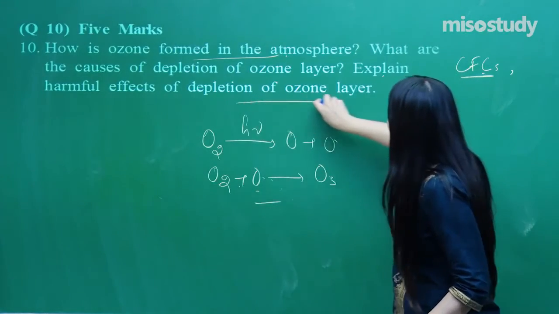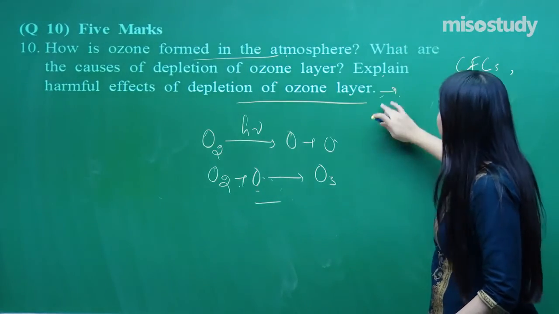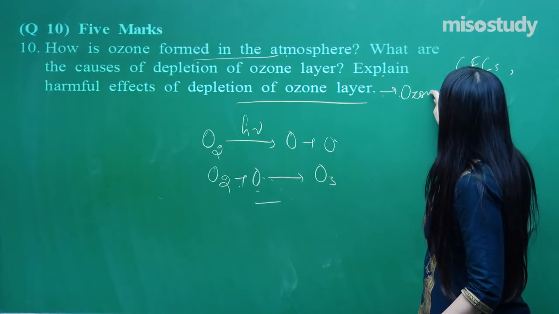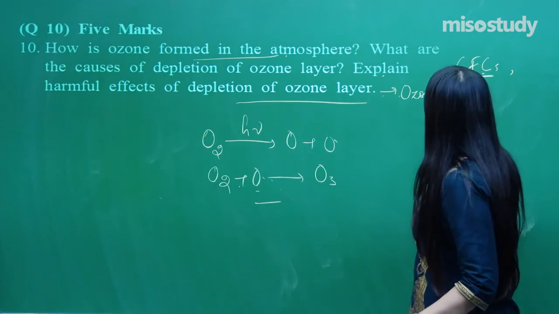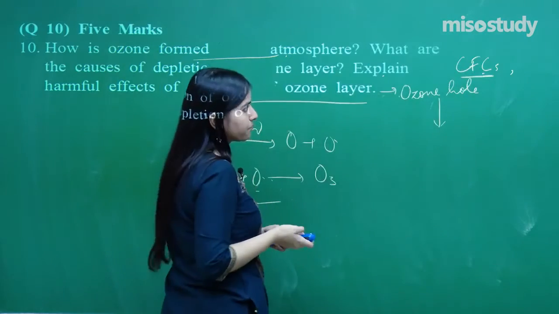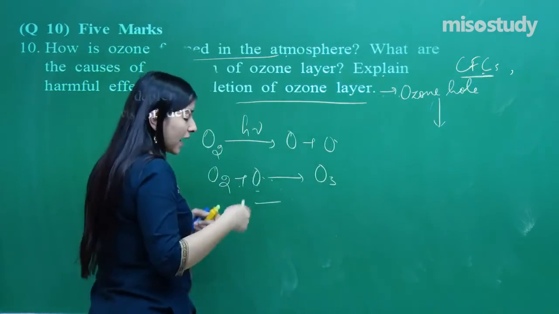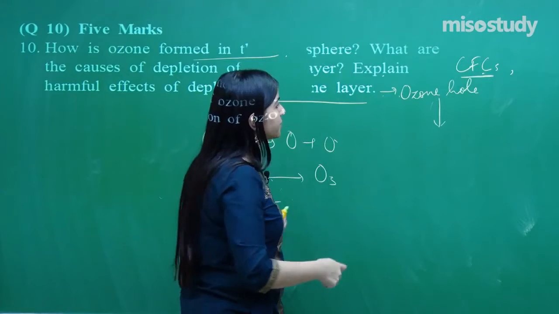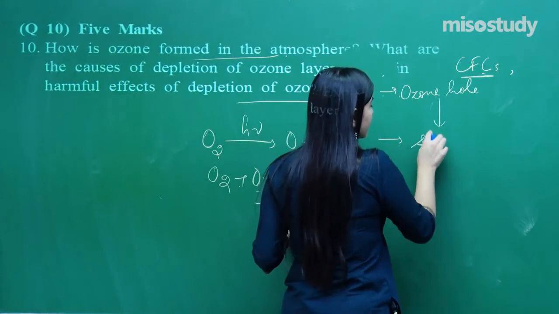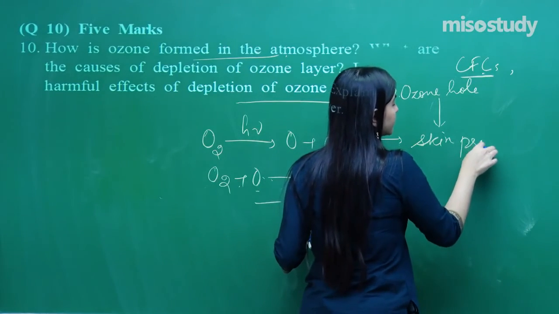Explain the harmful effects of the depletion of ozone layer. So, basically first of all there is the ozone hole, and due to this ozone hole which is getting created, along with the depletion of the ozone layer, there are so many skin problems arising, right?